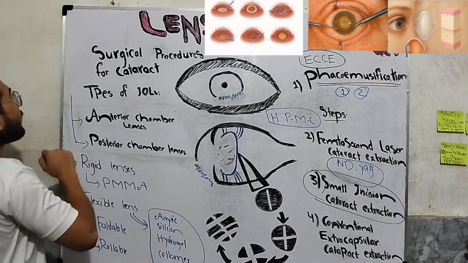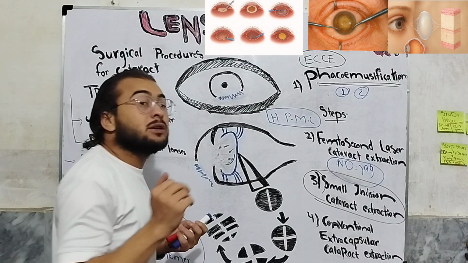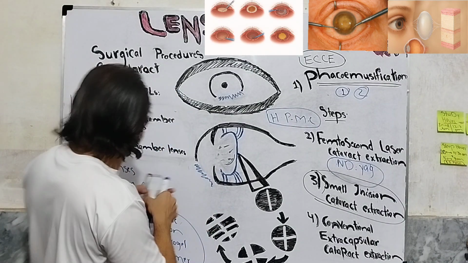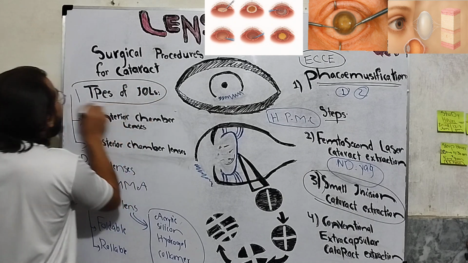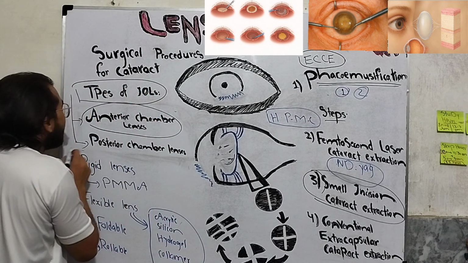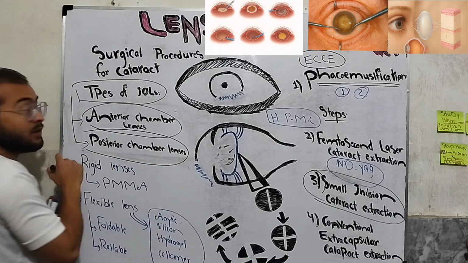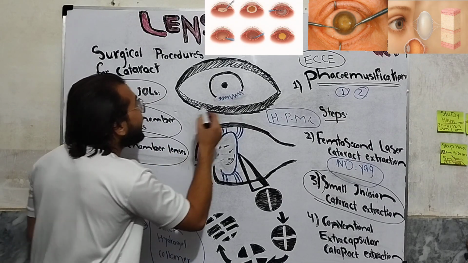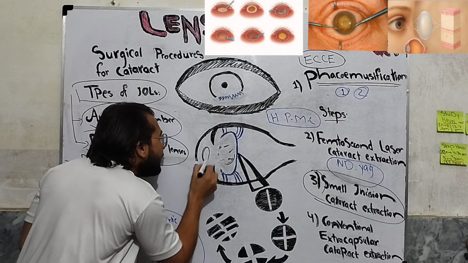Now, before ending this lecture, you should also know the different types of lens. We have mainly two types of lenses: anterior chamber lenses and posterior chamber lenses. Anterior chamber lenses are placed in the anterior chamber.